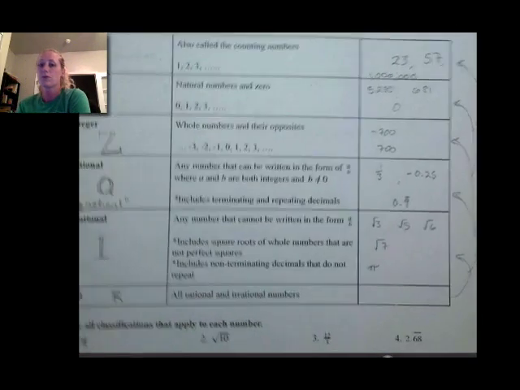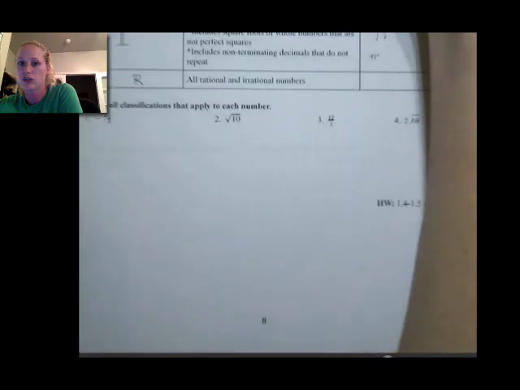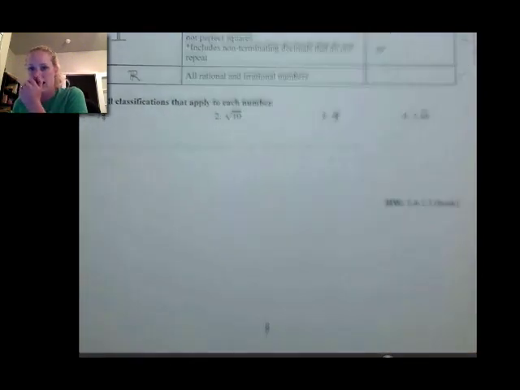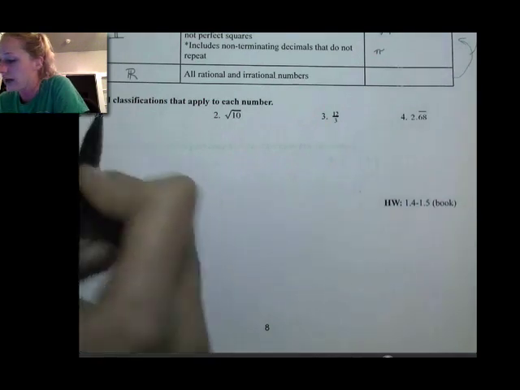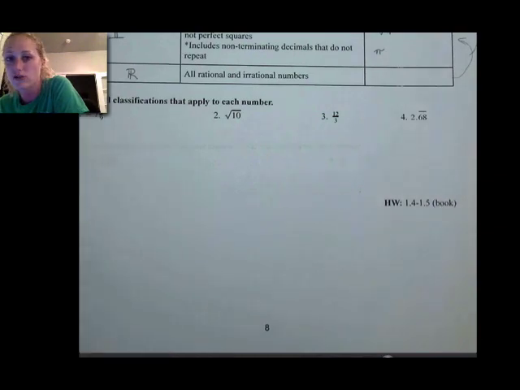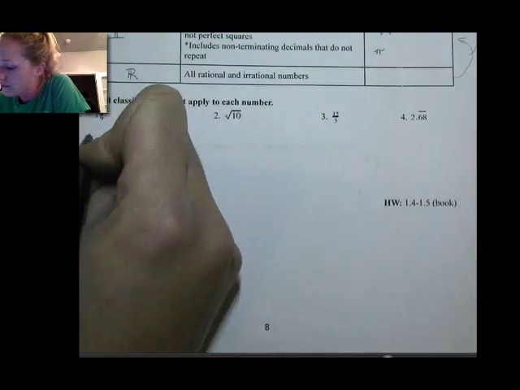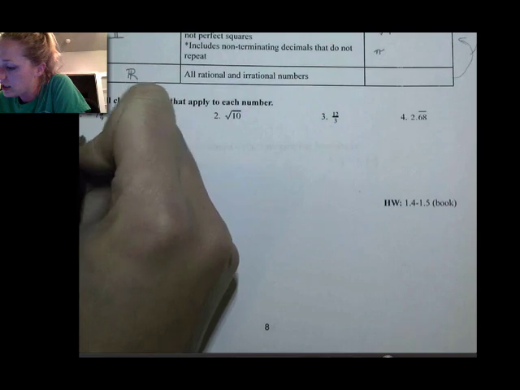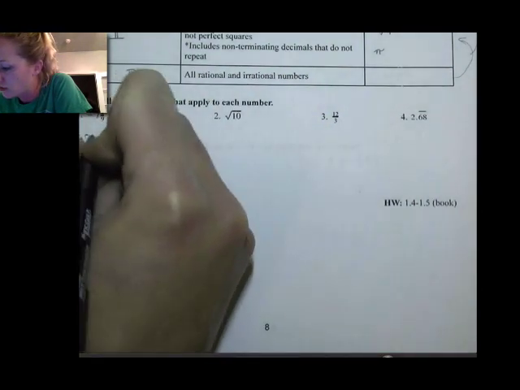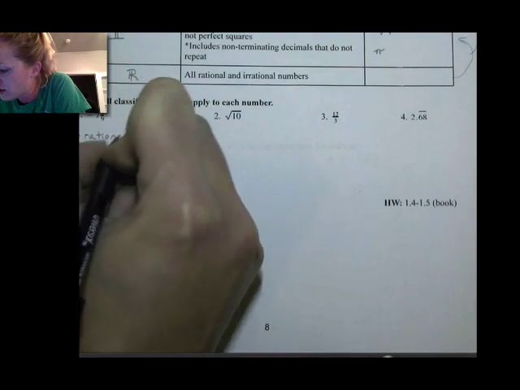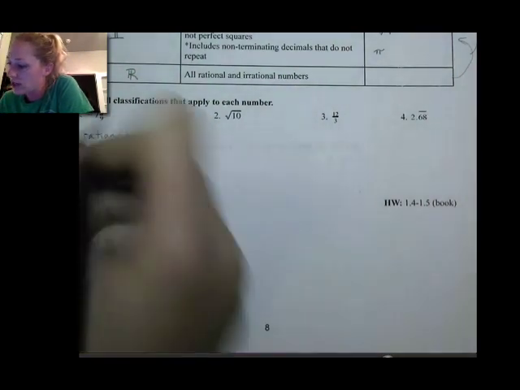Okay, so what we are going to do here is we're going to classify. So we're going to say what each number could be. Okay, so if it is a fraction, it is going to be rational. Okay, so this, I have a fraction, it is rational. So I'm just going to spell them out. You could use the symbols here as well, but this one is rational and it's real.